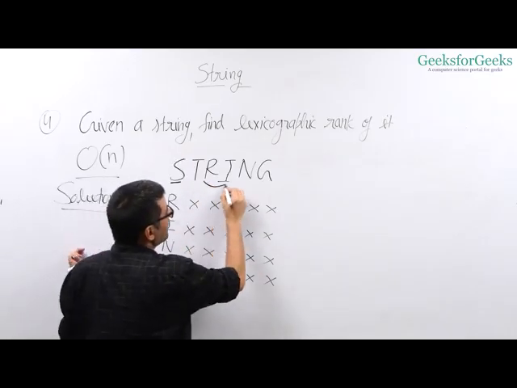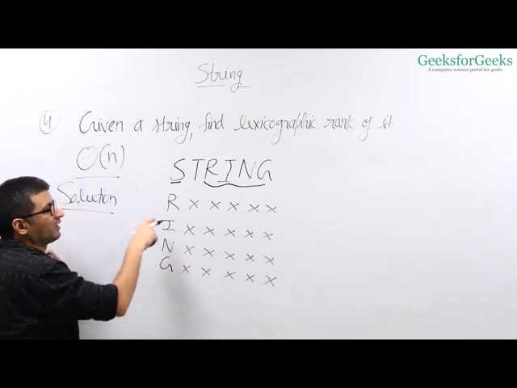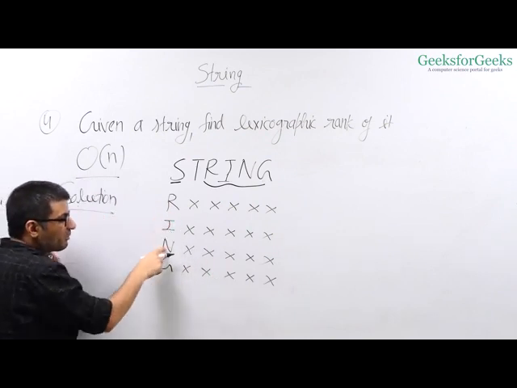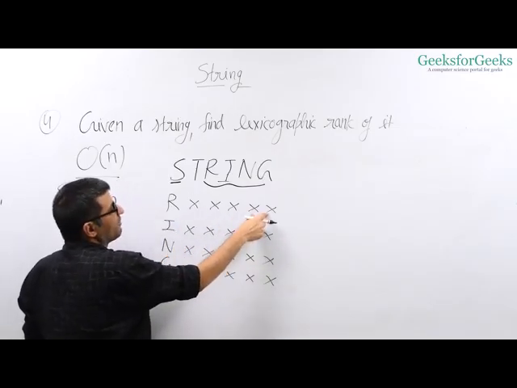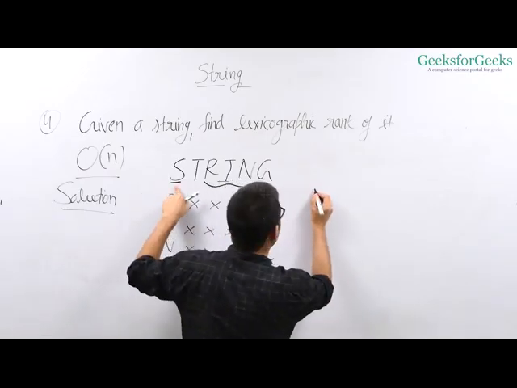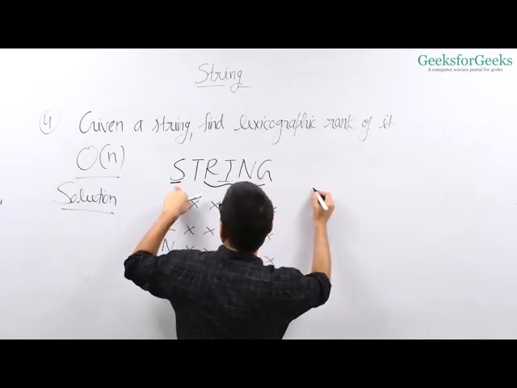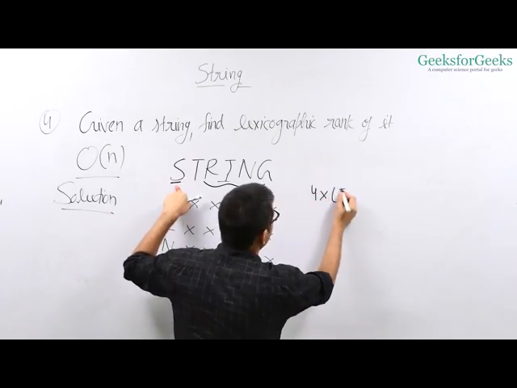I have 4 characters on the right of S which are smaller than S. Whatever character I put here, I then have factorial 5 permutations for the remaining positions. So the count of strings which do not begin with S and are lexicographically smaller than this string is 4 into factorial 5.